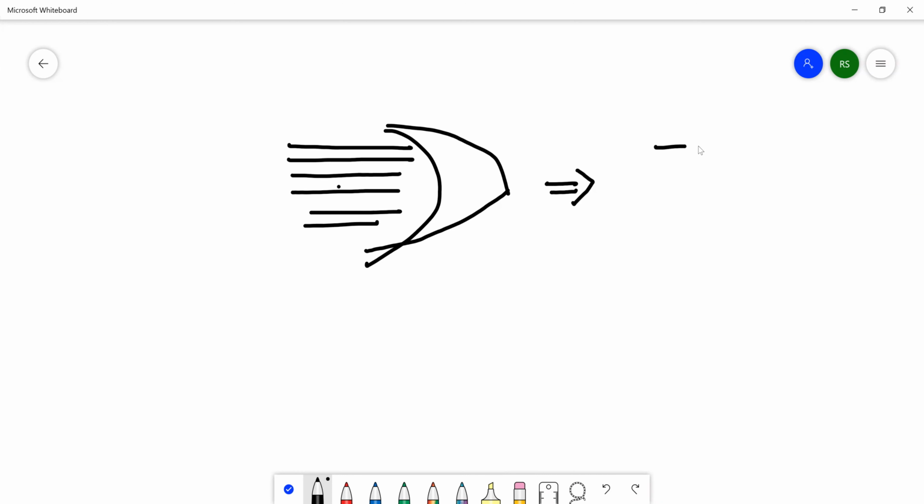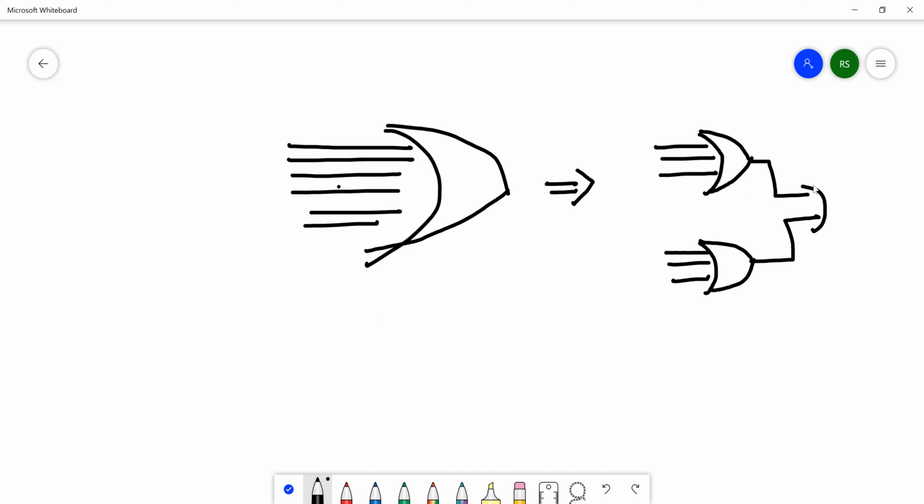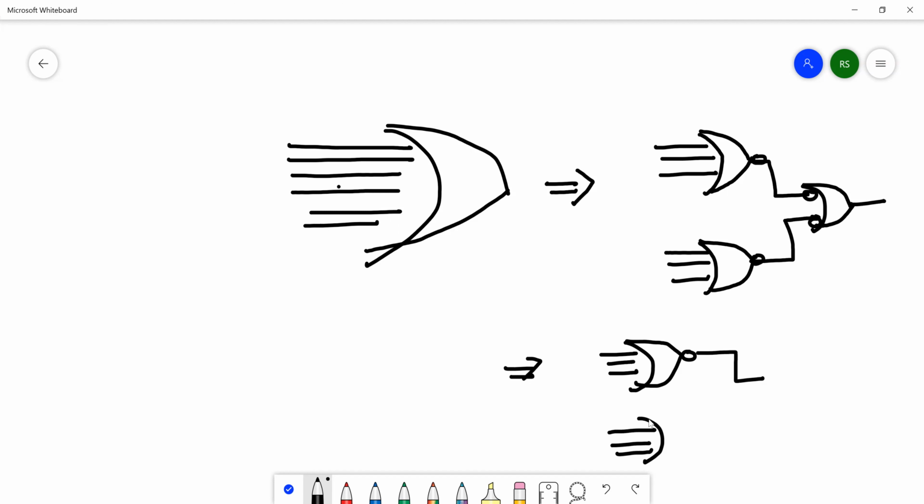One possibility is inputs 1, 2, 3 going to one OR gate, and 1, 2, 3 going to another OR gate, and both of them you give to another OR gate. Now add the inverters here and here, here and here. So this becomes a 3-input NOR gate, which is very good for us. And the bottom also is a 3-input NOR gate.